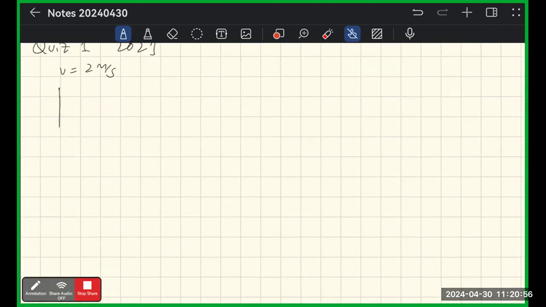I'll just draw you the figure here first. This is the y, this is the x. Wait, I'll show you the picture first because it's important, because I want to teach you something.